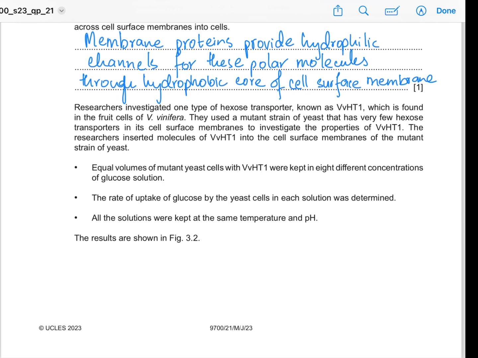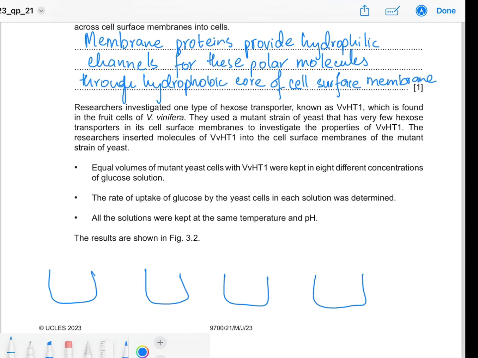Okay, let's see if we can put this situation in front of our eyes. Let's say you've got different beakers with different glucose solutions. Let's say this is 0.1 mole per dm cube, and here you've got 0.15. This could have 0.2 and then 0.25 mole, just for demonstration purposes.